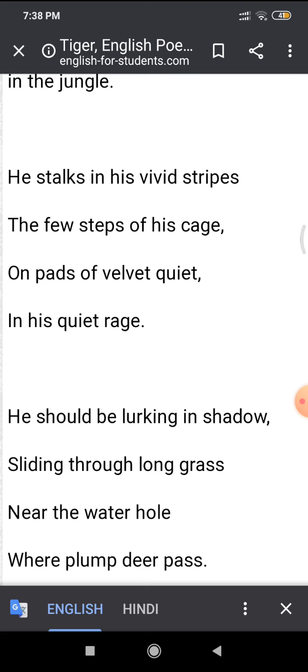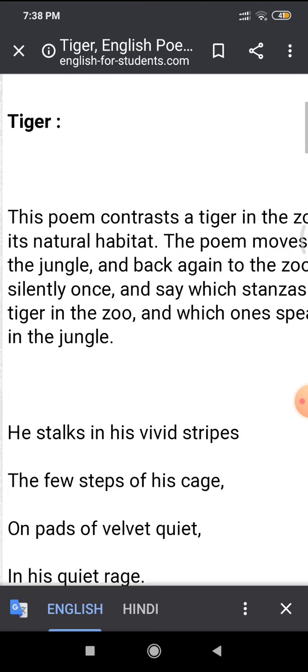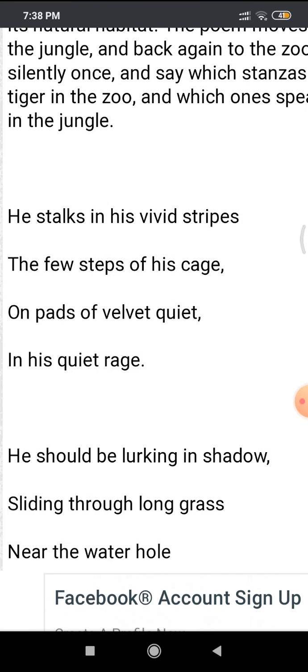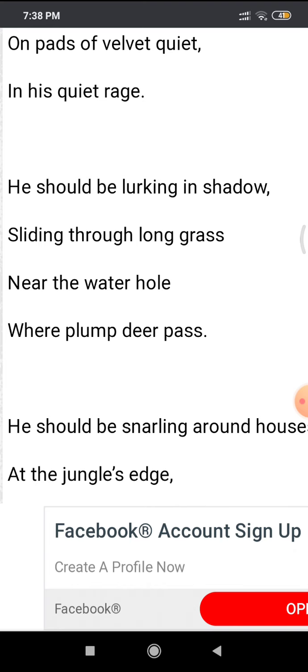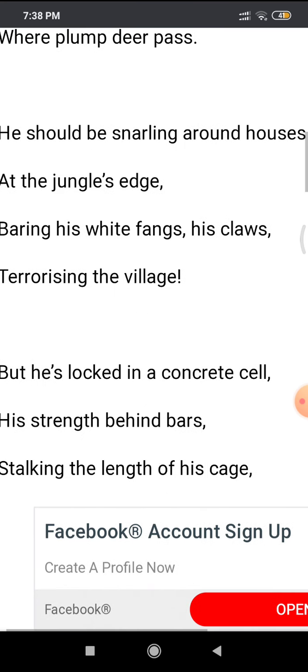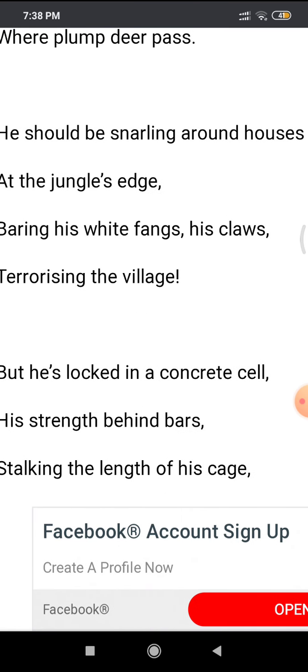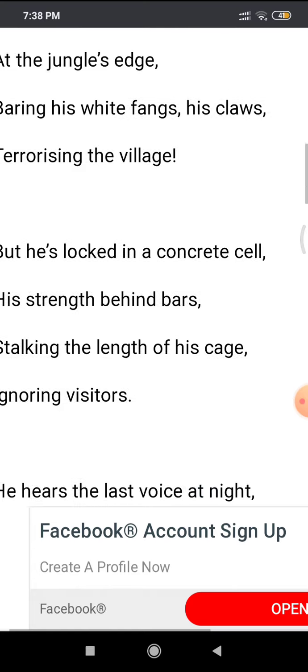Now rhyming scheme. Can we see the rhyming scheme in stanza 1? A, B, C, B. A, B, C, B. Correct. Then second stanza. A, B, C, B. Same. Third stanza. A, B, C, B. Correct.